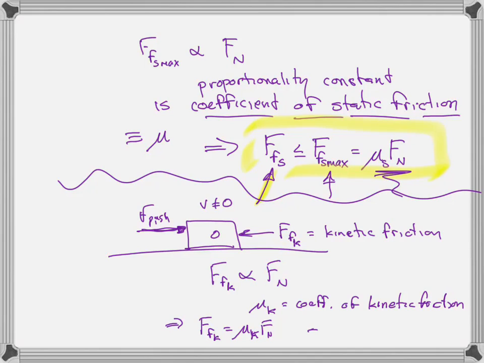In general, it is true that F_fk must be less than the maximum static frictional force. It's always easier to slide a body along a surface than it is to get a body moving. If this wasn't true, we could never get bodies moving, which doesn't make sense.